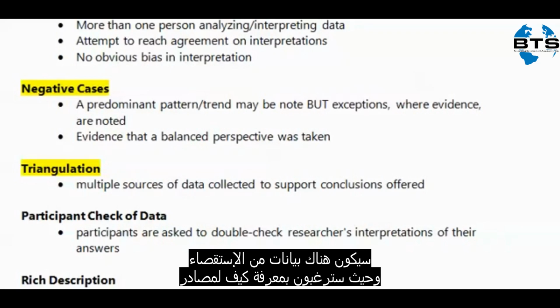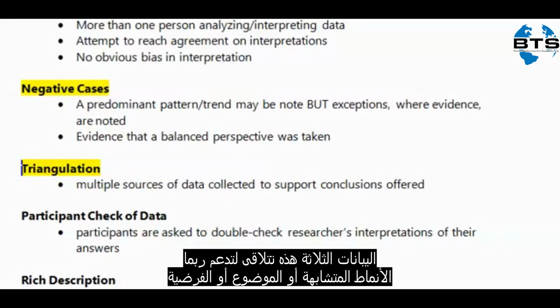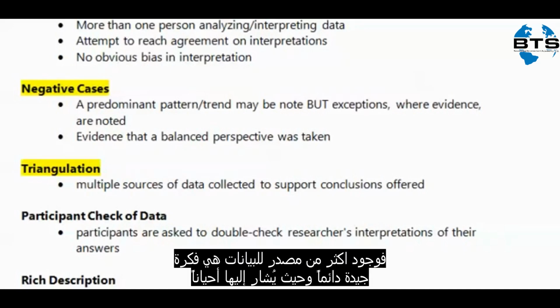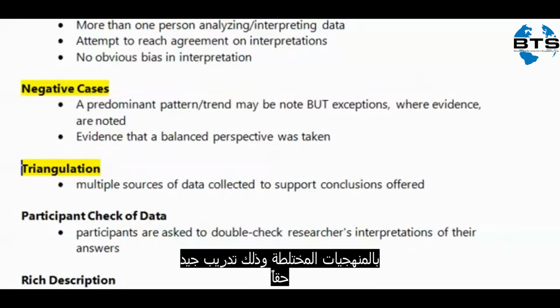And you want to see how those three sources of data converge to support perhaps a similar pattern, theme, hypothesis. So having more than one source of data is always a good idea, sometimes referred to as mixed methods as well. And that's a really good practice.